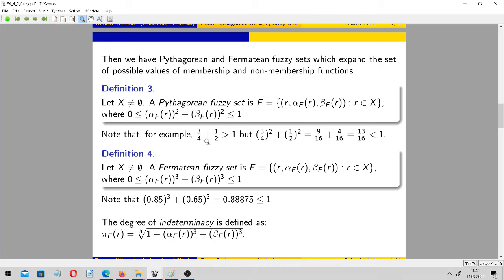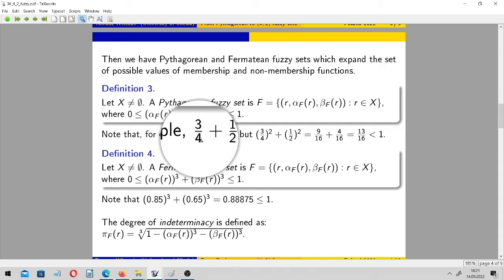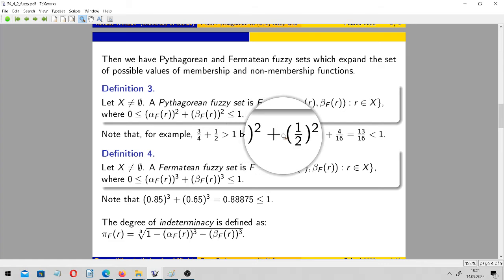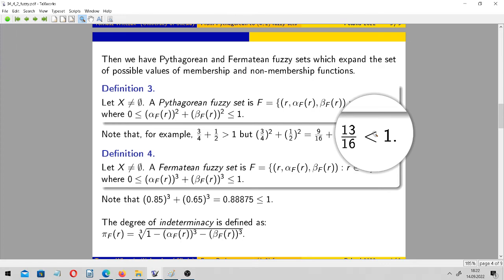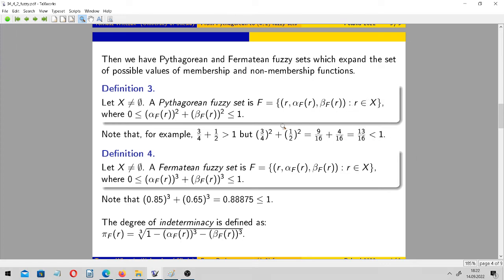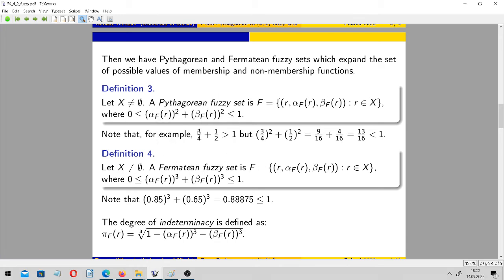Note that, for example, if we have 0.75 or 3/4 and 1/2, then their sum clearly exceeds 1. But we may sum up the squares of those numbers to obtain 13/16, and this is lesser than 1. So in case of Pythagorean fuzzy sets, we may use 3/4 as the level of membership and 1/2 as the level of non-membership.